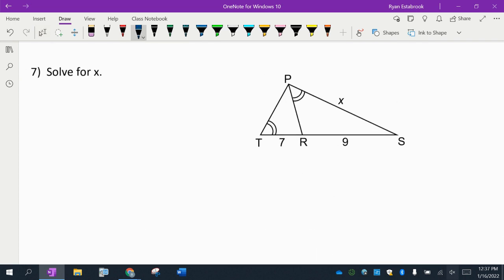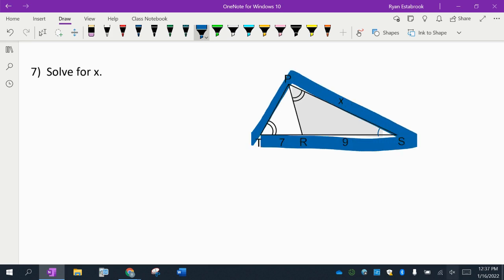Next example, solve for x. There are 3 triangles here, but the good news is that 2 of these triangles are similar to each other. The gray triangle has an angle with a double mark and a single mark in it. The blue triangle has an angle with a single mark and a double mark in it as well.